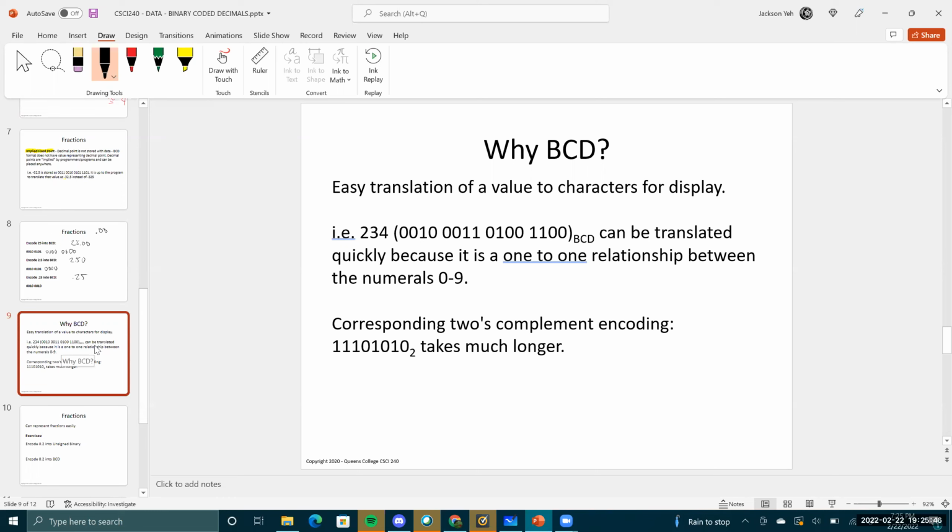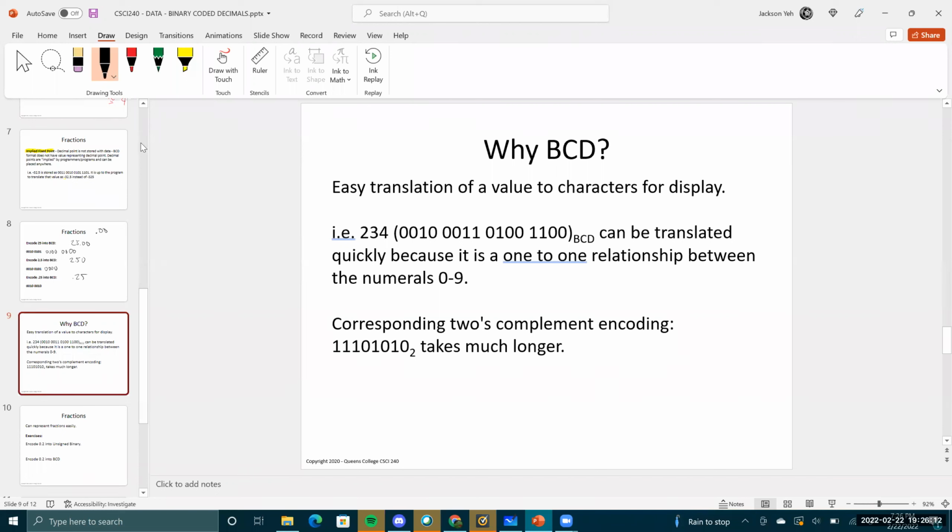So with that being said, let's see how quick it is to convert from binary, which is how it's stored in the machine, and how quickly it gets translated for something to be displayed. For example, 234. This can be translated quickly because each one of the digits, 2, 3, and 4, has a 1-to-1 relationship with the numerals in BCD.